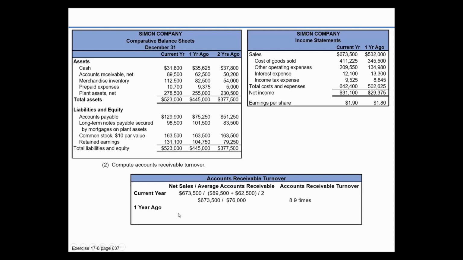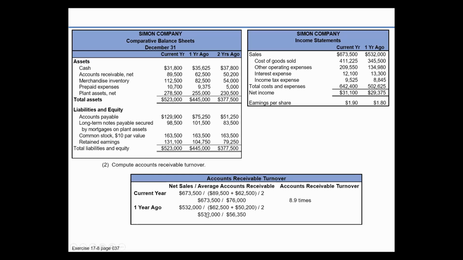And then for a year ago, our net sales is 532,000 divided by 62,500 plus the 50,200. So you're going to do year ago and then the year previous to that to get the average, divided by 2.